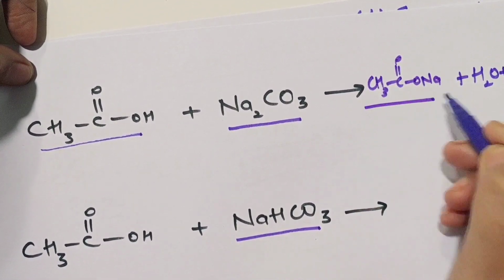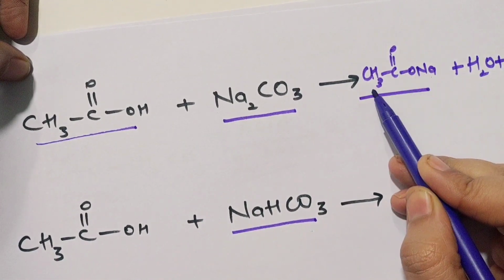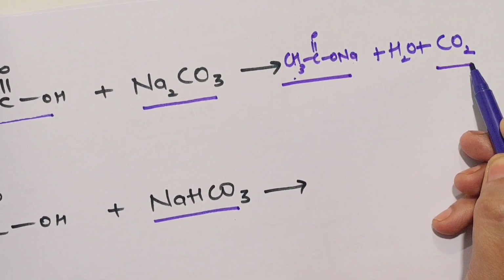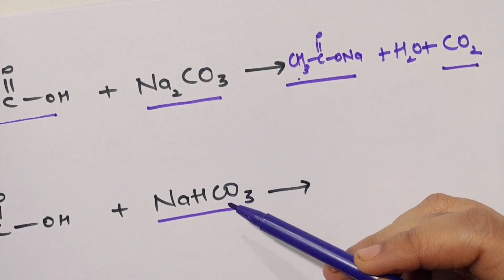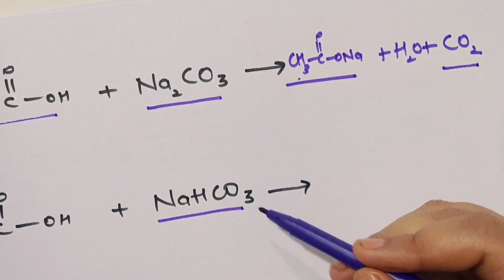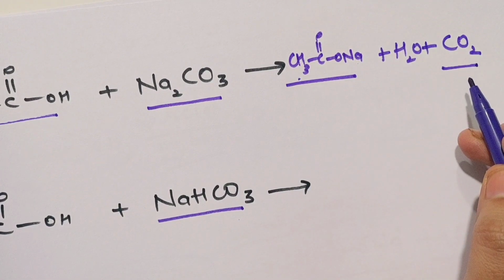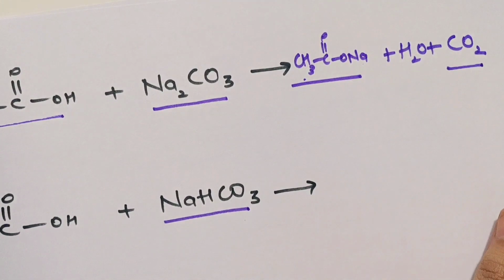Okay, naming we have just done. This is sodium acetate or sodium ethanoate, and then water and carbon dioxide would be released. But whenever you have carbonates and hydrogen carbonates, be sure that carbon dioxide would always be released. Okay, no confusion there, no special cases there.